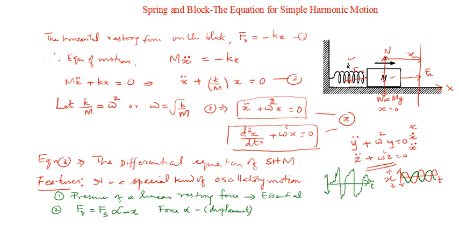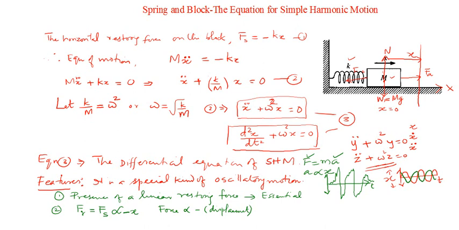Okay. Or you know that force is always, by Newton's law, F equal to mass into acceleration. So whenever there is a force, there will be an acceleration. So if force is directly proportional to displacement, you can say that the resulting acceleration is also going to be directly proportional to displacement, because the only difference is the mass of the system.